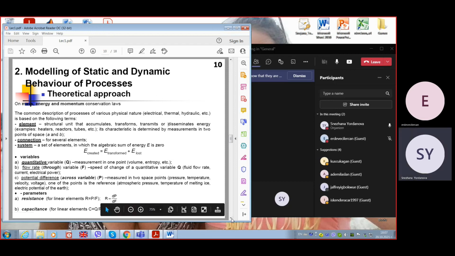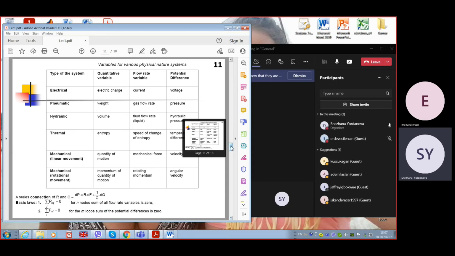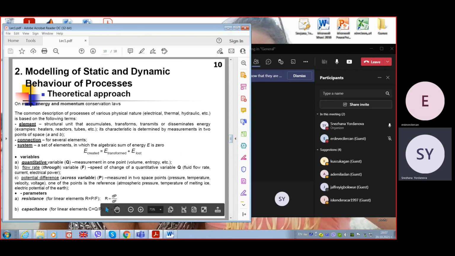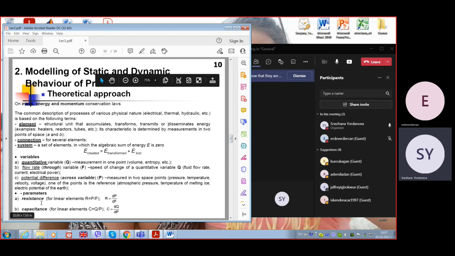So besides variables, the model contains parameters which usually are defined by the variables. For instance, there are resistive parameters. These are like resistance in an electric circuit.